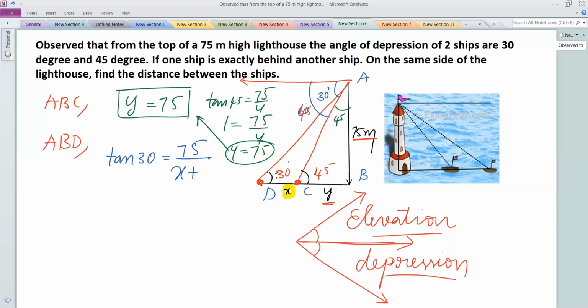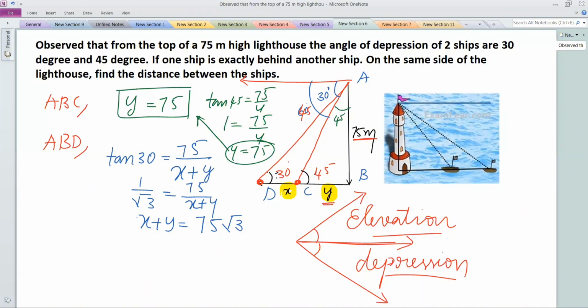The sum of x and y is the total length. Don't be confused with that. It is x plus y. The tan 30 value you must already know, that is 1 by root 3. So that is equal to 75 by x plus y. Cross multiplying, x plus y is equal to 75 root 3.